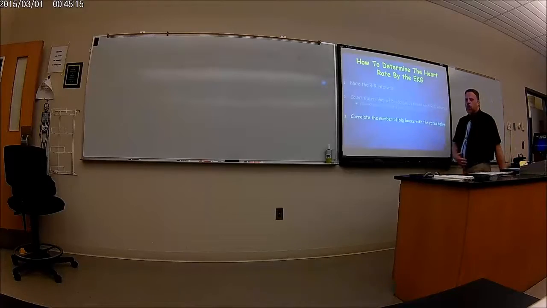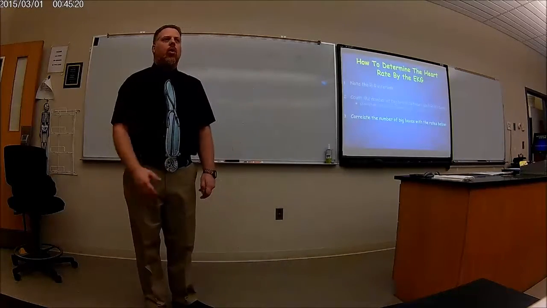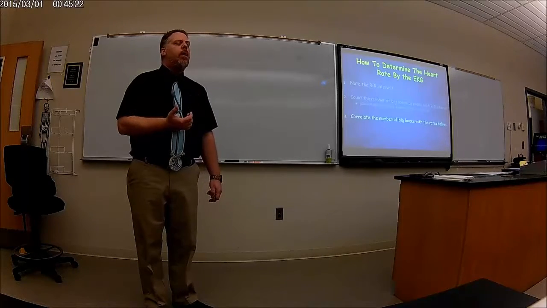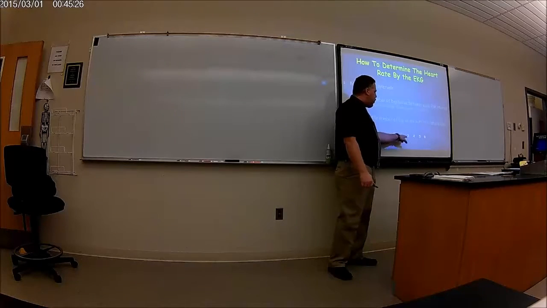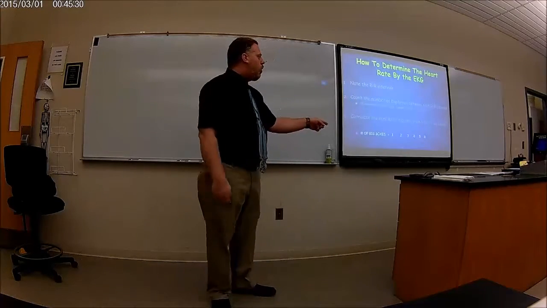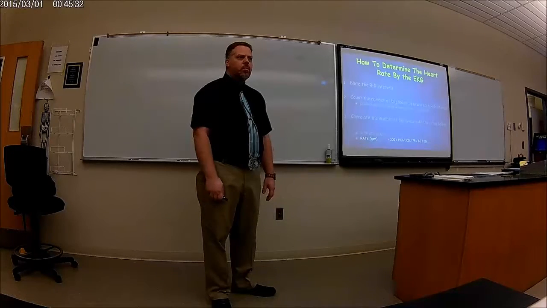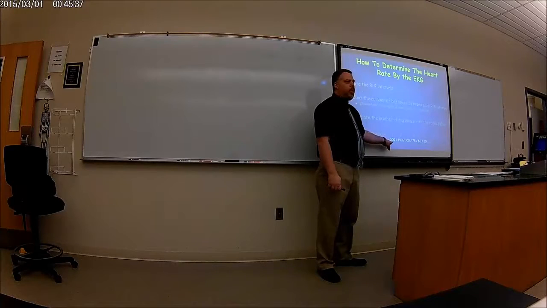And then you're going to correlate the number of boxes in between the RR interval with this part. This is the part you got to memorize. If there's 1 or 2 or 3 or 4 or 5 or 6 big boxes in between there, then they correlate to these numbers. If there's 1 box between there, it's 300 beats per minute.